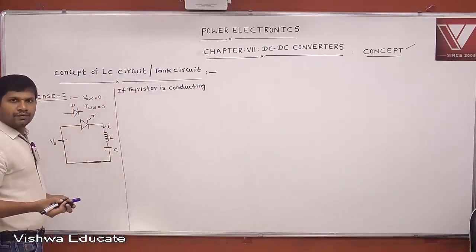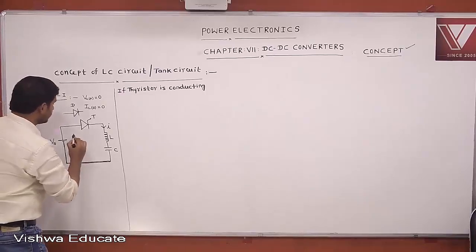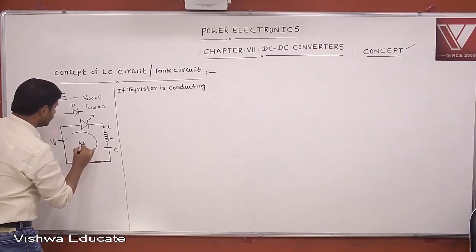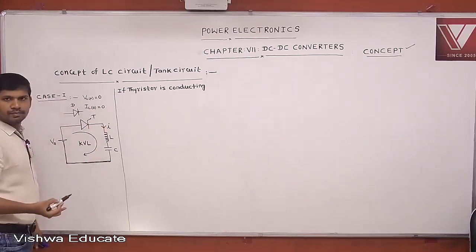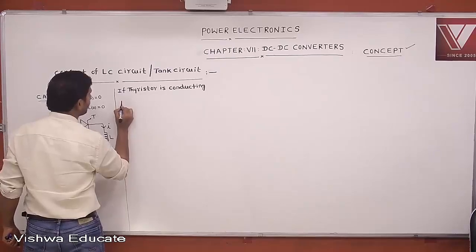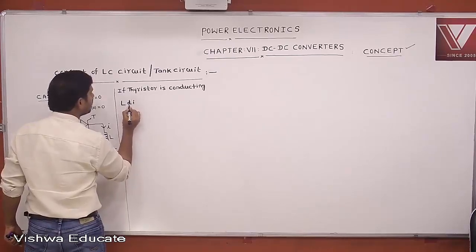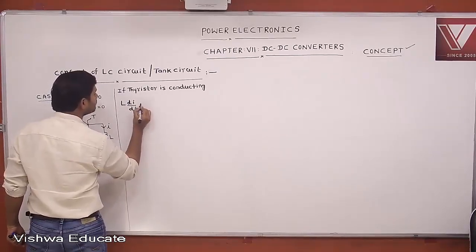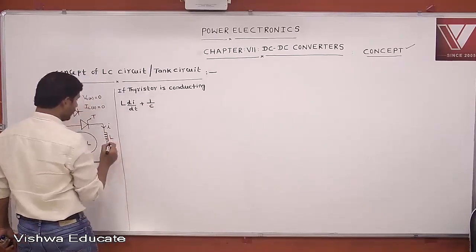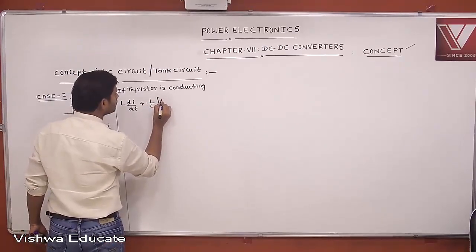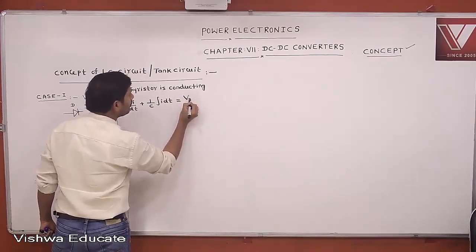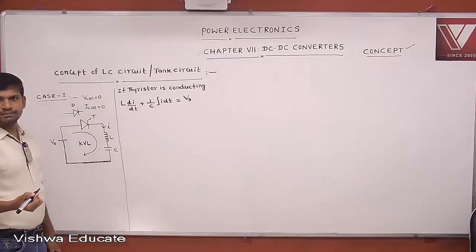If the thyristor is conducting, apply KVL for this loop. What you get: L di/dt plus 1/C integral of I dt is equal to Vs. Correct?